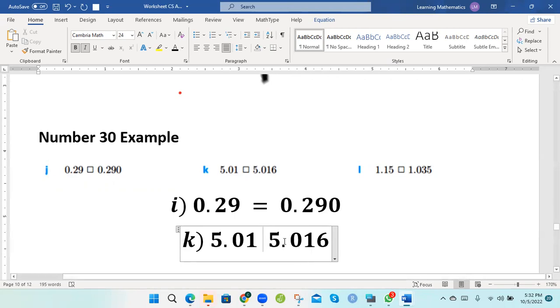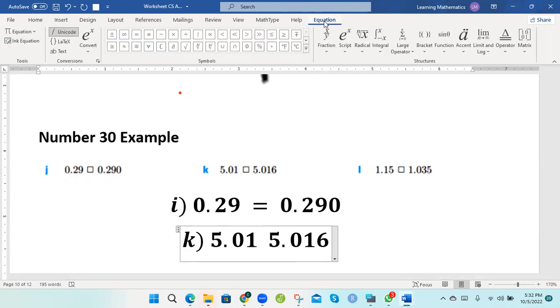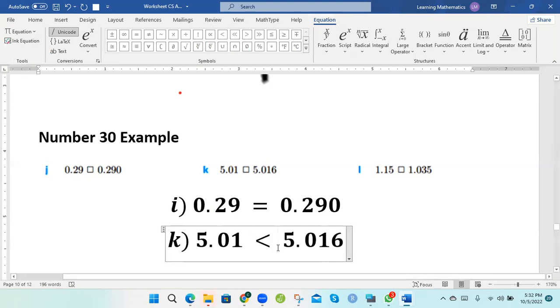The 5.016 has an extra 6 added, so it is the greater one. 5.01 is the smaller one. So the point has to be facing the smaller one. So you can say 5.01 is less than 5.016, and you can also say 5.016 is greater than 5.01. The use of the inequality sign.